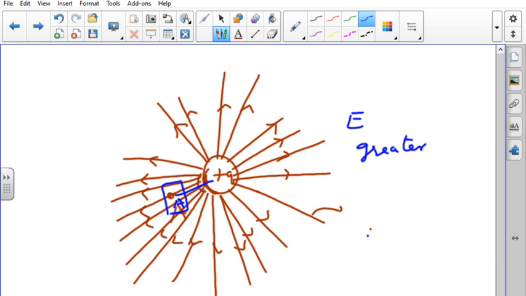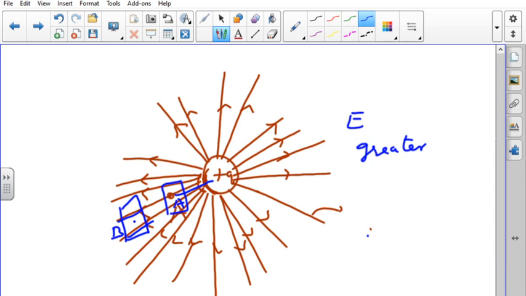So what do we conclude at point A? Since it lies closer to plus Q, the number of electric field lines crossing the given area is more. Let us take another area, a little farther away from plus Q, say B. Area B lies a little far away from A. As the distance increases, the number of lines crossing the given area also decreases.